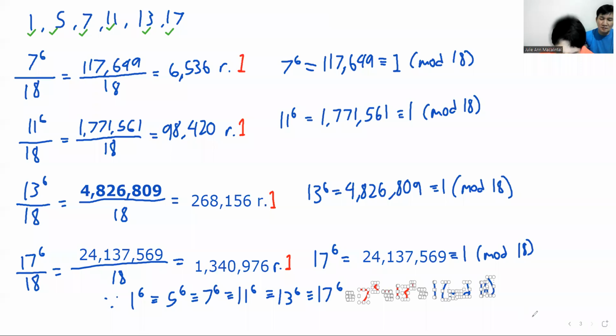Okay, going to next page. So how did you get that one? Let's say 7 cubed. Why is it 1 modulo 18? It happens that 7 cubed over 18, which is 343 over 18, is exactly equal to 19 remainder 1.